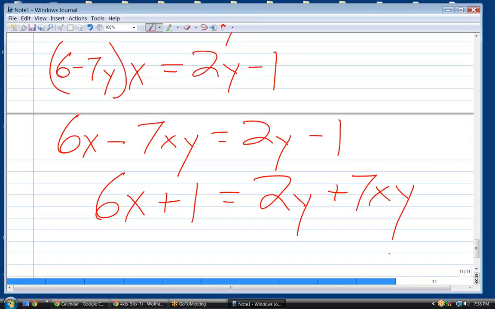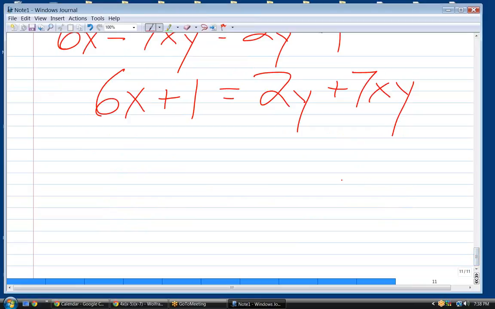With me? Yeah. Now, this always is the case with these kind of inverse problems. What's the next step? This is the hardest step of solving these. Would you divide x on both sides? Factor out a y. Factor out y from the right side.